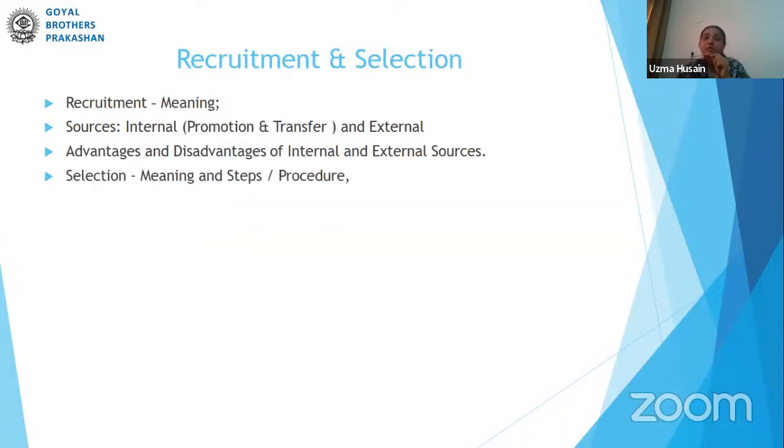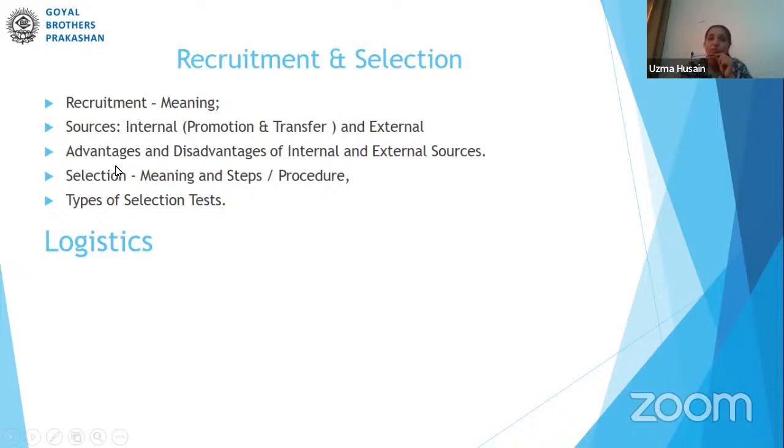Further to recruitment, we have selection. So we have the concept of selection, the steps and the procedure, and then we have the types. Now, if you see the syllabus, nowhere is the difference mentioned, but we are teaching the difference between recruitment and selection to our students.